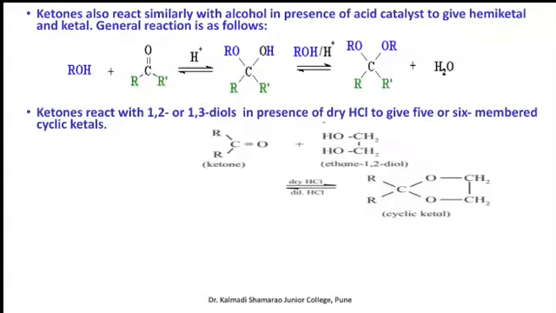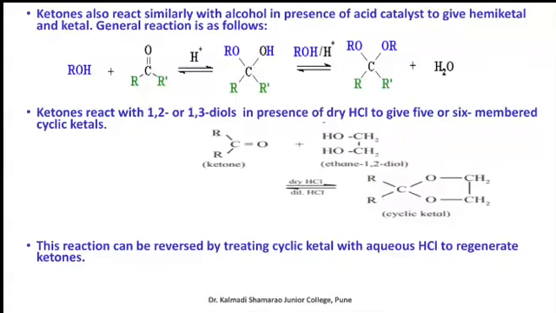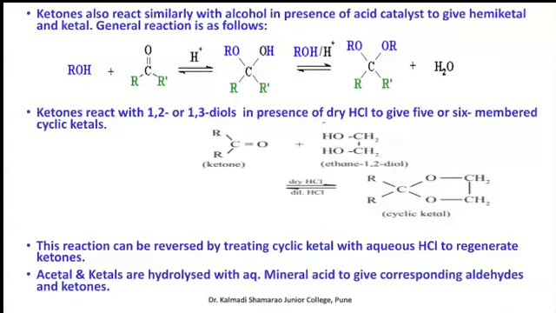For example, ketone when reacted with ethane-1,2-diol in the presence of dry HCl gives cyclic ketal. This reaction can be reversed by treating cyclic ketal with aqueous HCl to regenerate ketones. Acetals and ketals are hydrolyzed with aqueous mineral acid to give the corresponding aldehydes and ketones.